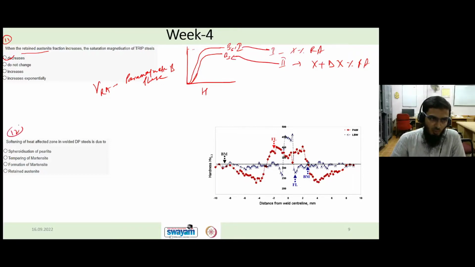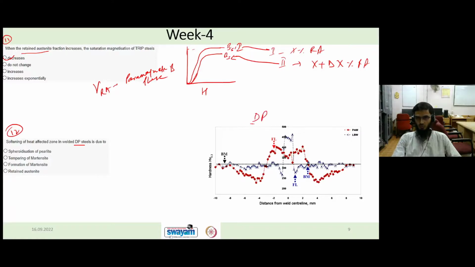Now we will move to problem number 12. Softening of the heat affected zone in dual phase steel is due to: sterilization of perlite, tempering of martensite, formation of martensite, or retained austenite. So what is the reason for HAZ softening in dual phase steel? For your reference, I have given you the hardness versus distance graph for dual phase steel.